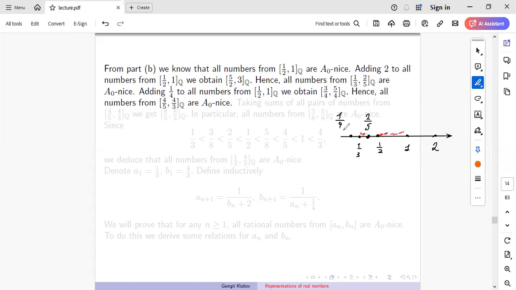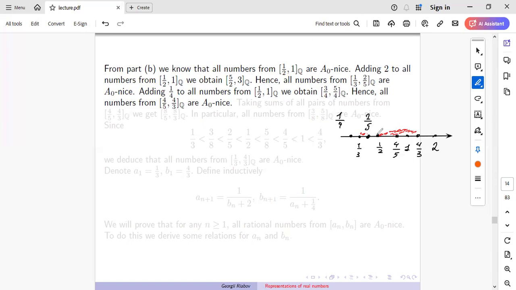5 over 4 is less than 1, but bigger than 1/2, somewhere here. Okay, and 4 over 3 is bigger than 1. So as you see, we were able to extend the segment of A0 nice numbers.